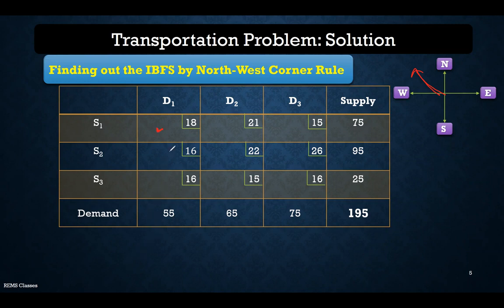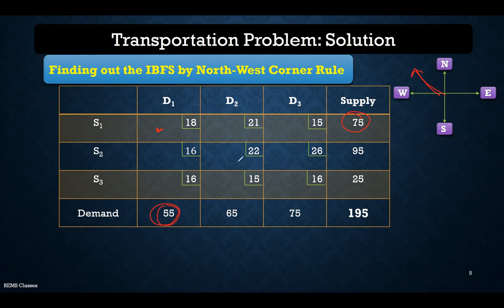Allocating the cell means we have 75 units of supply over here, and we have 55 units of demand over here. There is a demand of 55 units, but a supply of 75 units. So we will fulfill the demand by giving the supply, and we will allocate the minimum value out of these two.